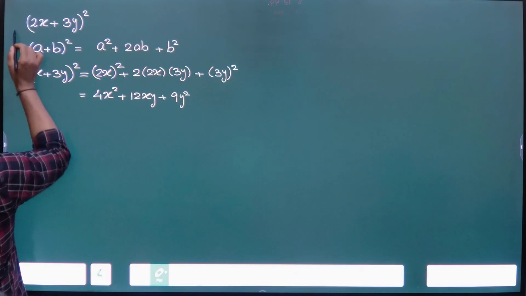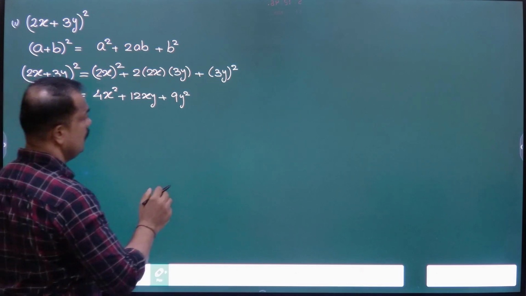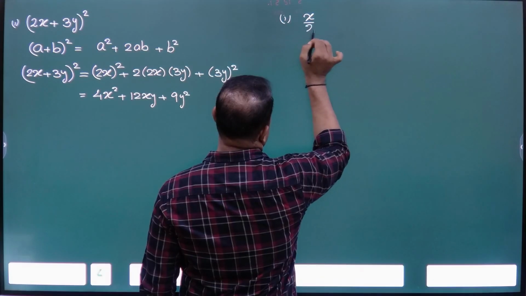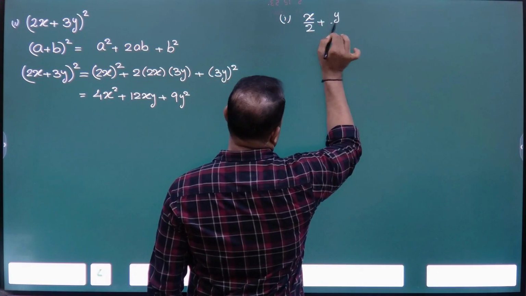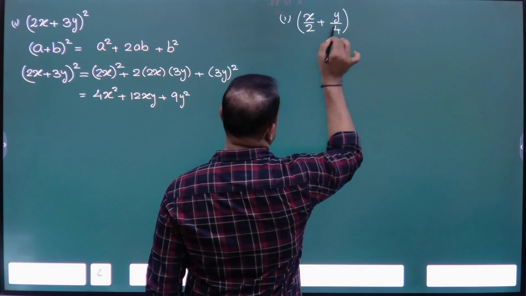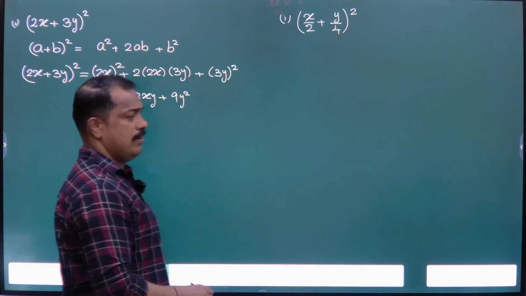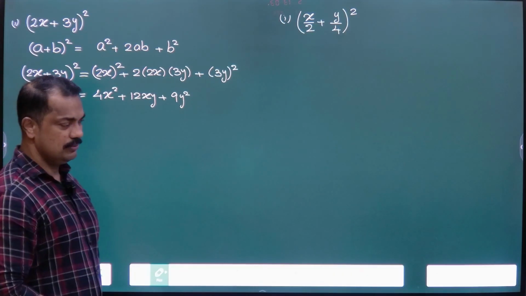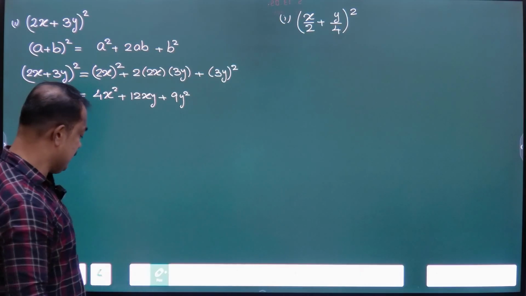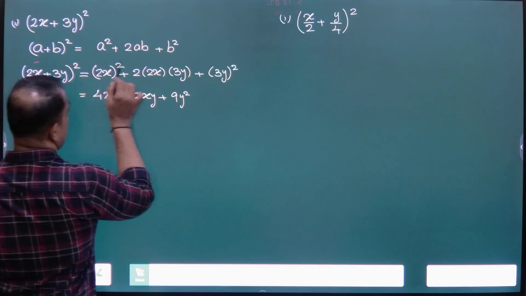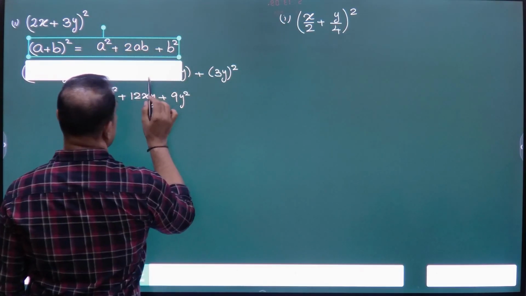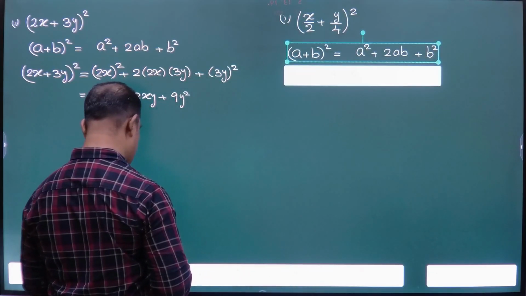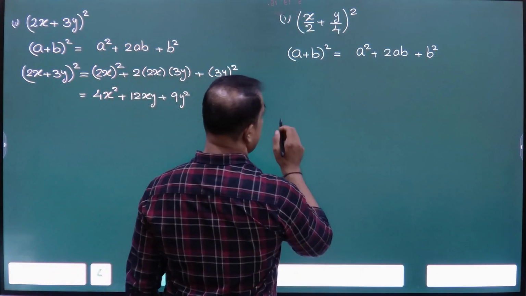Question number 2: x by 2 plus y by 4 whole square. Which identity? So write down the first identity: a plus b whole square is equal to a squared plus 2ab plus b squared.